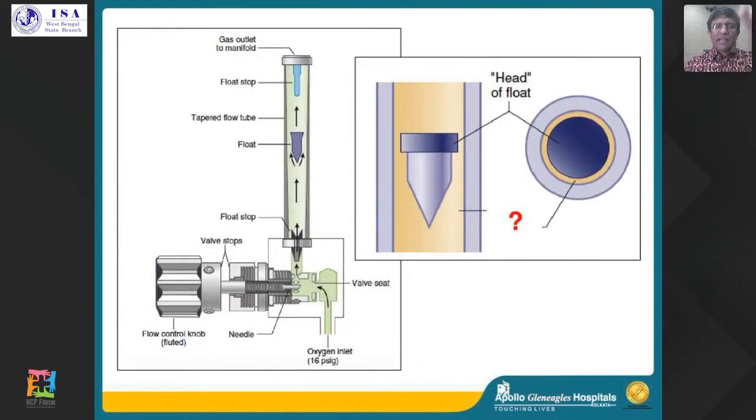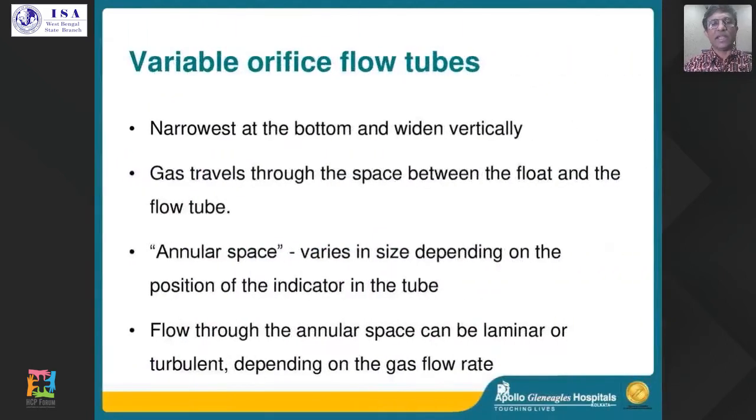Then you come to the flowmeter tube and the float, and the gas essentially passes through this orange space which is called the annular space, where the float is floating. By physics, this flowmeter tube is a variable orifice flow tube which is narrowest at the bottom and widens vertically.